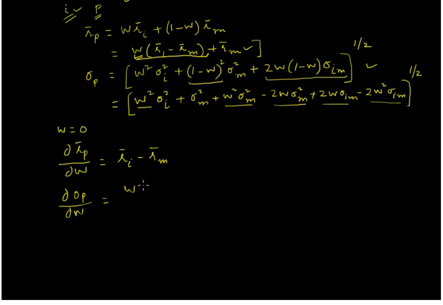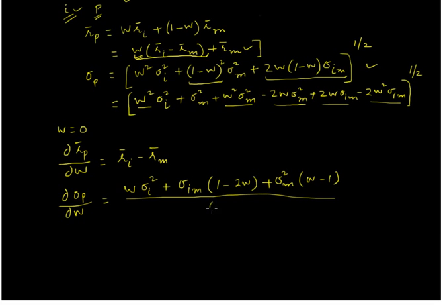W times variance of I plus covariance between I and M times 1 minus 2W plus variance of M times W minus 1, and all of this divided by the standard deviation of the market return.